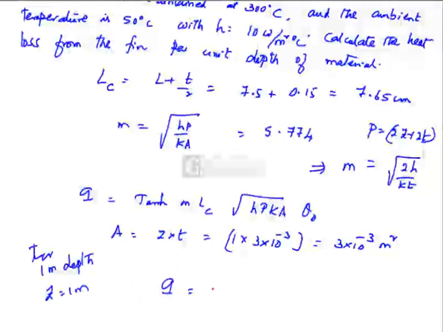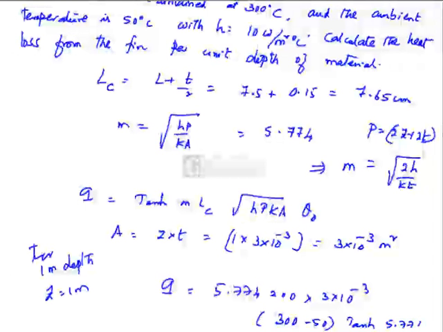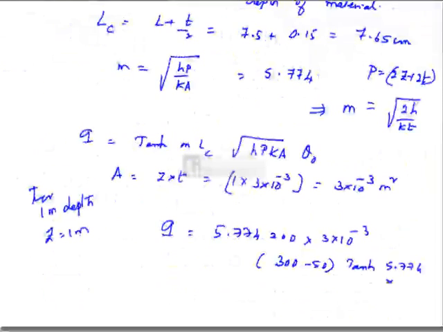Therefore, Q is equal to 5.774 into 200 into 3 into 10 power minus 3 into 300 minus 50 into tanh of 5.774 into the length 0.0765, the corrected length.